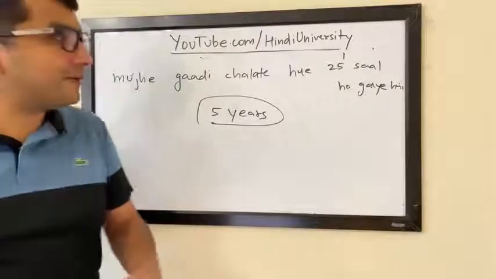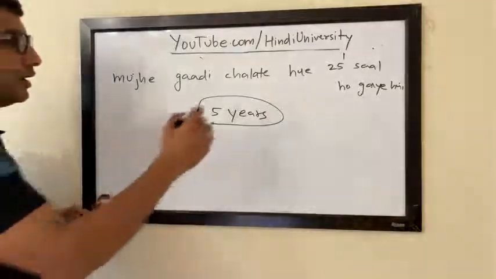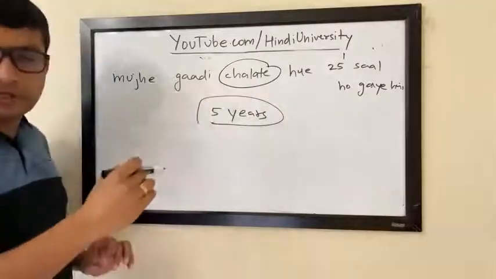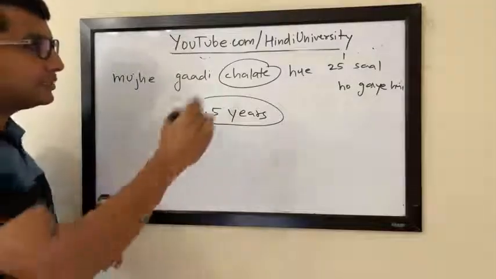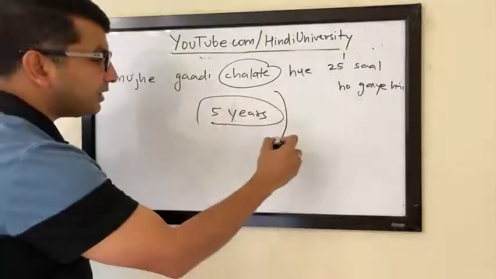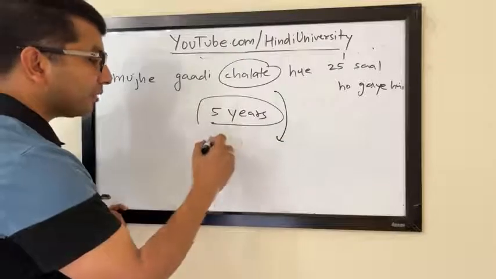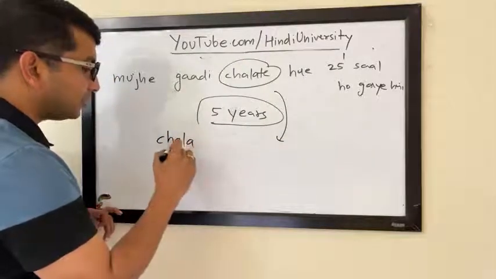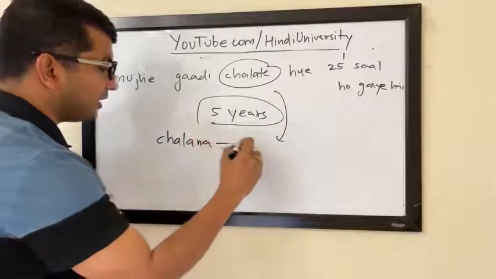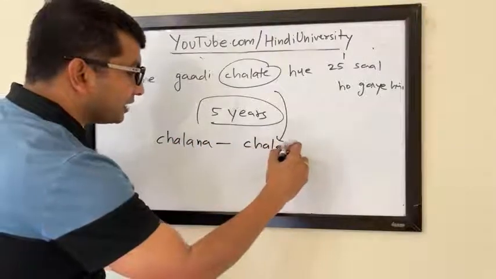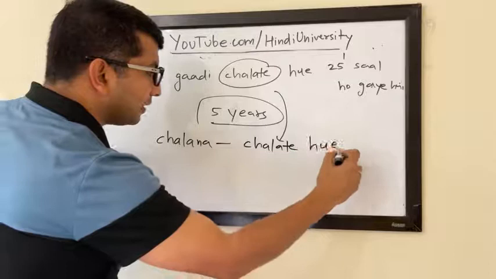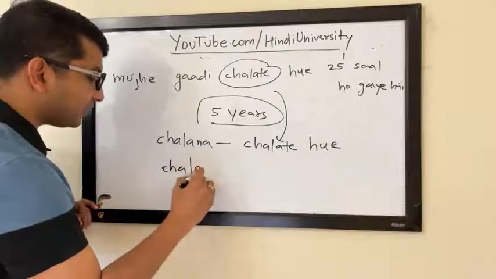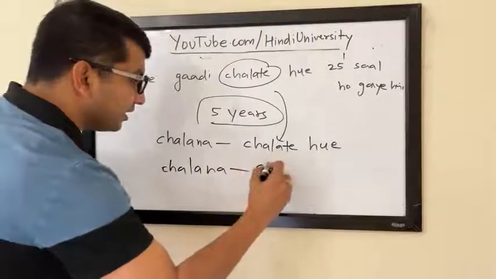Right now the verb here is the imperfective form of chalana. The moment you change it to the perfective form, so the verb is chalana, it becomes chalate hue. That's what we have.